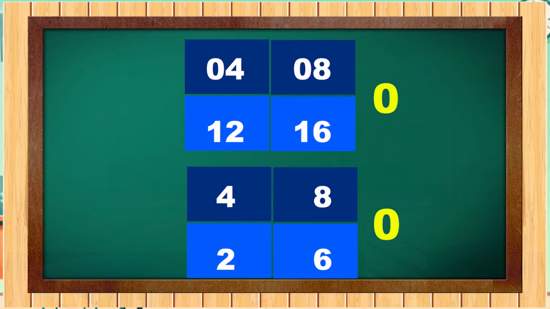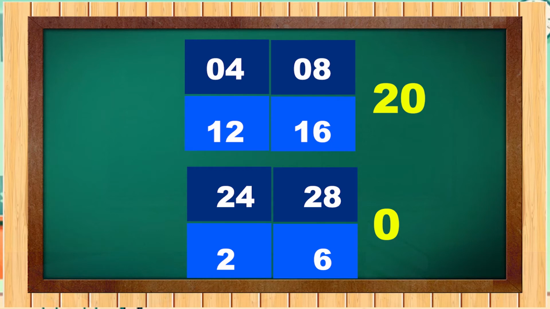We will put 2 in the tens place next to the 0 in box number 1. Let's go down to our second box. In box number 2, we have 2, 4, 6, 8. Boys and girls, in the top row, we will put 2 in the tens position.